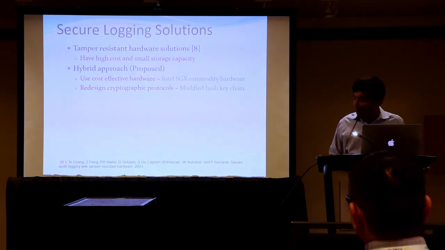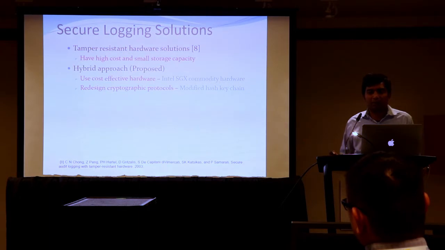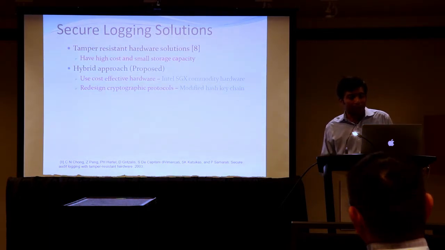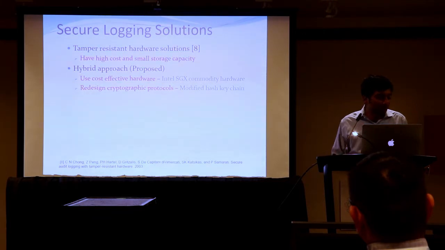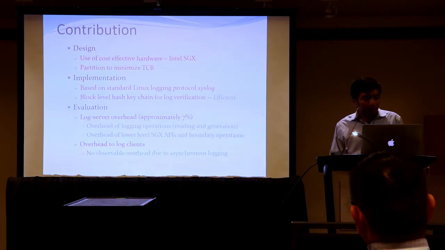So what do the authors propose here? A hybrid approach that uses Intel SGX. Intel SGX runs on commodity x86 hardware, and for the cryptographic protocol, the authors modify it using a hash key chain. The authors show that the overhead is insignificant, only 7%.